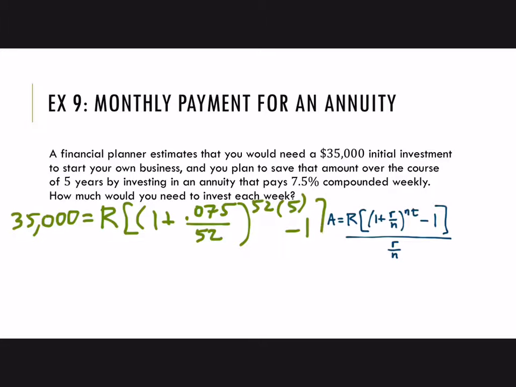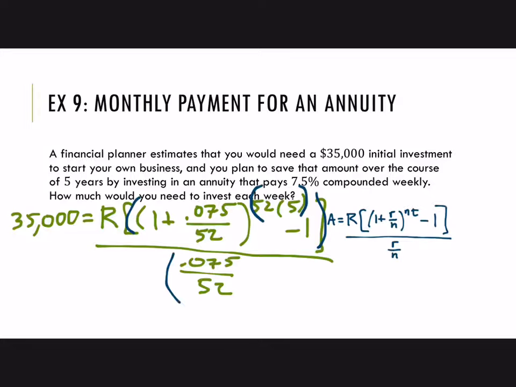Minus 1 bracket, that's the rest of the numerator, and then divided by rate over n, 0.075 over 52. Enter this in your calculator. You can use parentheses instead of brackets. Make sure to put an extra parentheses around the exponent and one around the denominator.